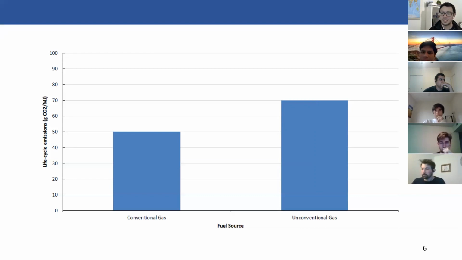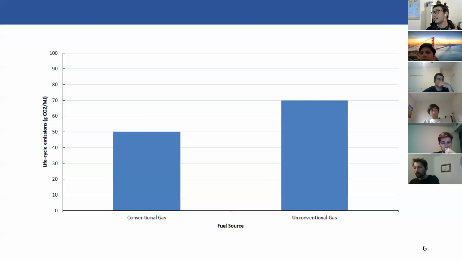And I actually use this particular example because it's something that I saw in person. I was at a conference in Europe when I was in grad school, and this executive from ExxonMobil was giving a speech about the emissions coming from conventional gas and unconventional gas, and they cited this one paper that happened to be by a professor from the same university that I was going to in grad school.